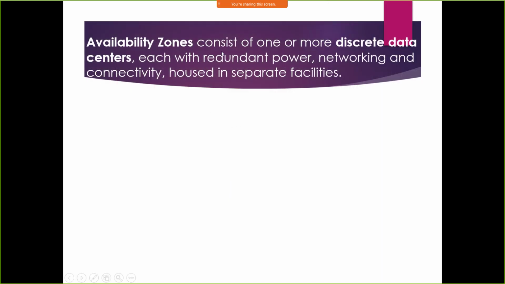So availability zones consist of one or more discrete data centers, each with redundant power, networking, and connectivity, housed in separate facilities. So these are state-of-the-art advanced data centers with latest available security features there.